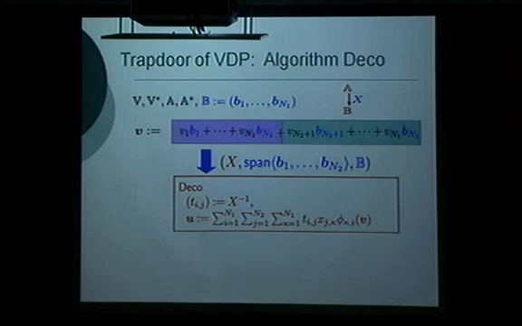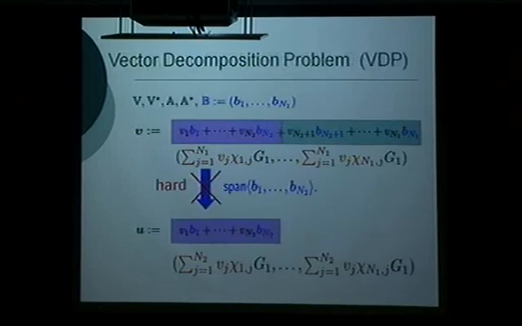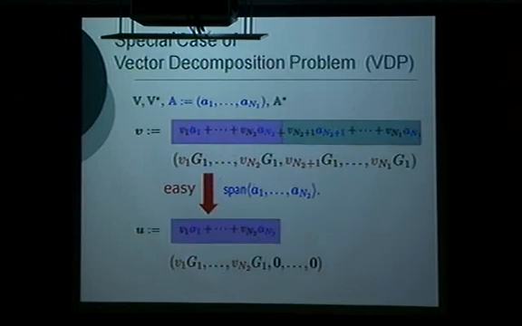Then we move to a decisional problem of this problem. Excuse me, in the canonical basis case, even if there is no trapdoor, if everything is defined over the canonical basis and not a random basis, then this is easy.